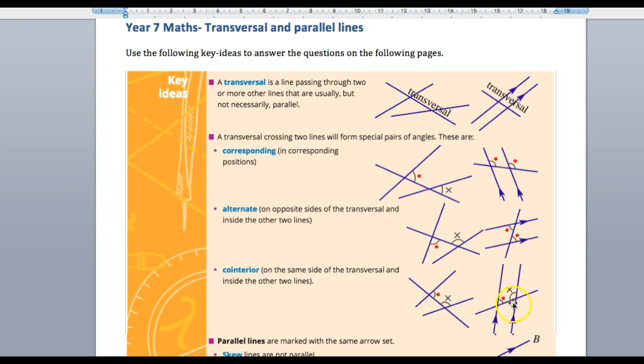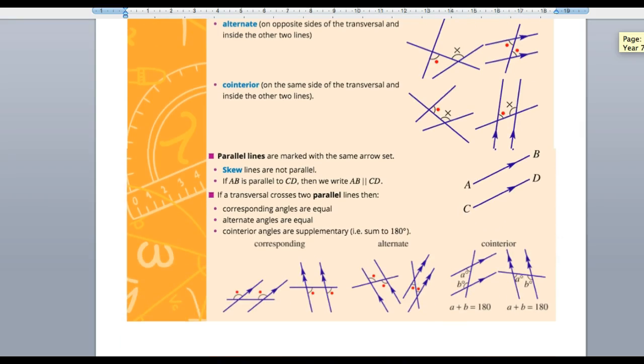But the two angles are actually supplementary angles. They do add up to 180. So you might actually want to just put a little note on the side here that when they're parallel, the two co-interior angles actually add up to 180 degrees. They're supplementary angles.